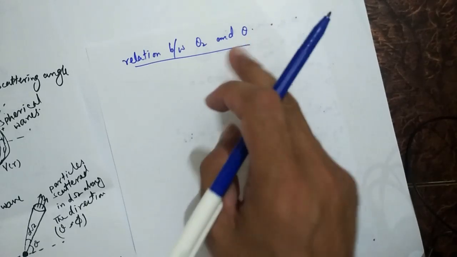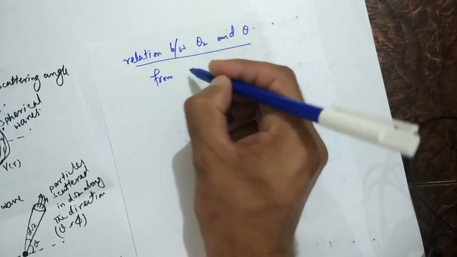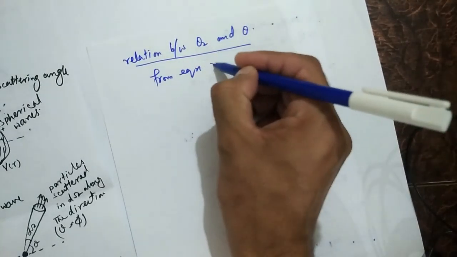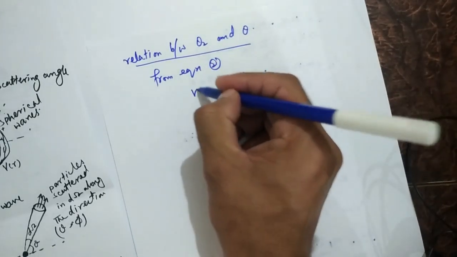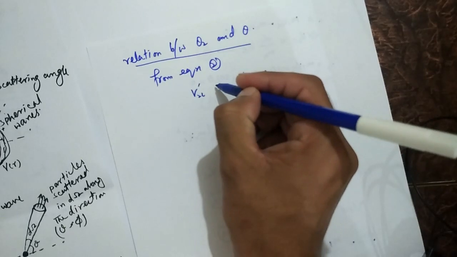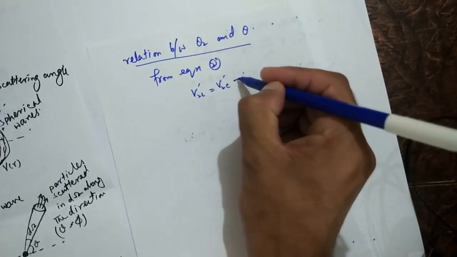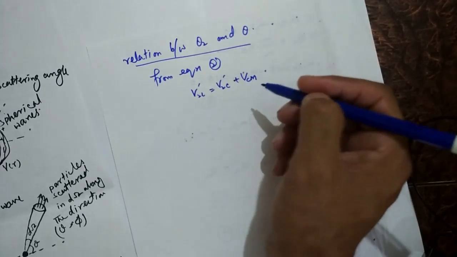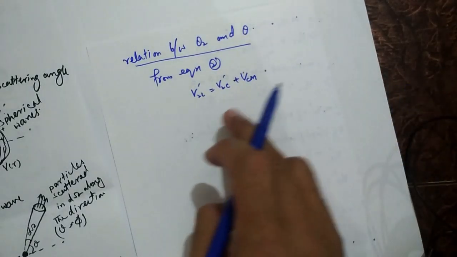In similar fashion, using equation number 2, we can write v2 dash L is equal to v2 dash C plus vcm, and similarly resolving it into x and y components.